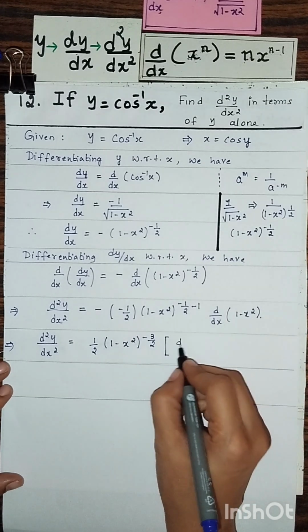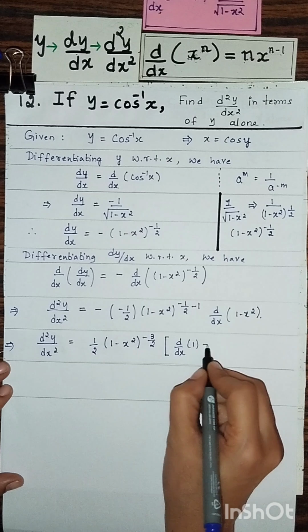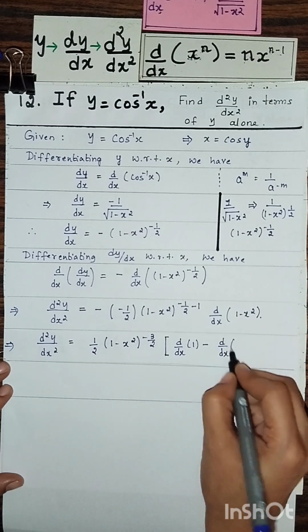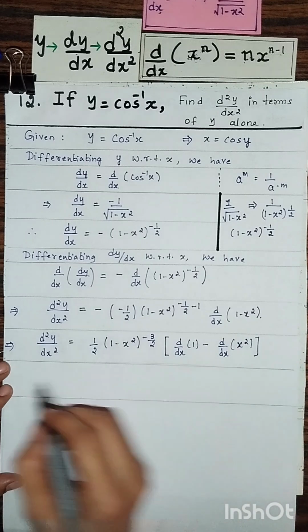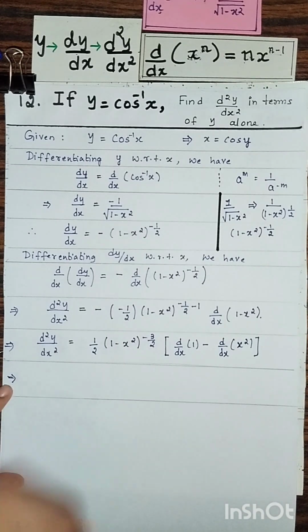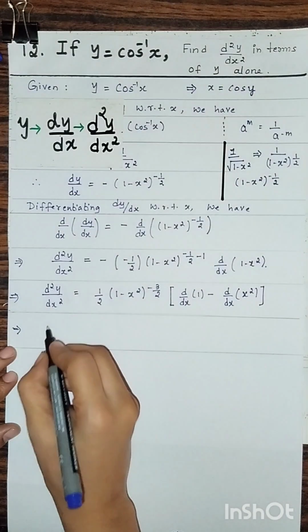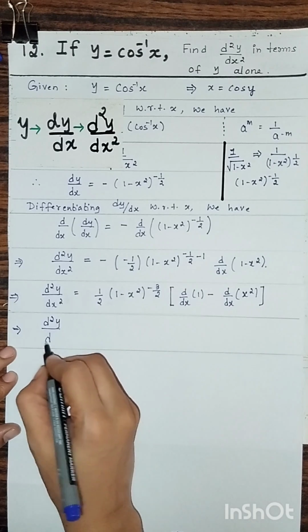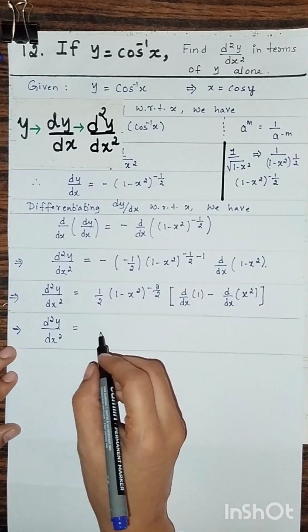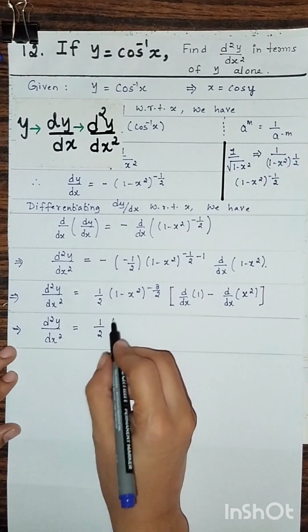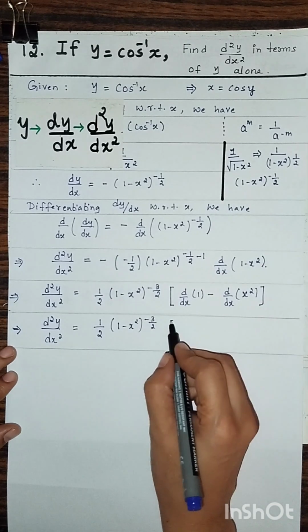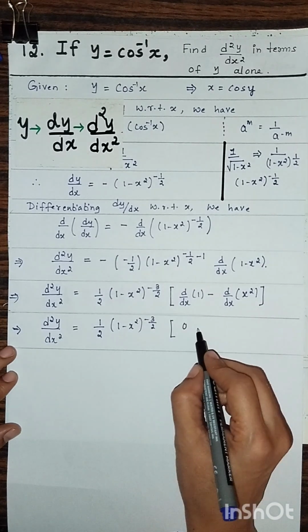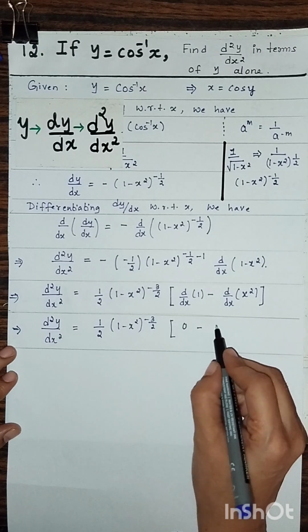Now d by dx of 1 minus d by dx of x square. So we have applied the u minus v rule. So this implies d square y by dx square is equal to 1 by 2 into 1 minus x square to the power minus 3 by 2. Derivative of 1 is 0. Derivative of x square is 2x.